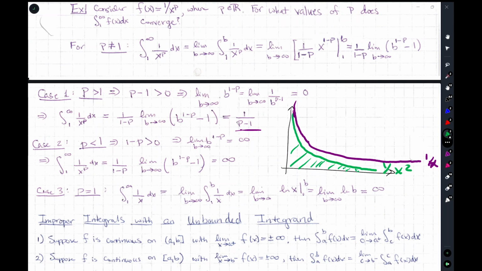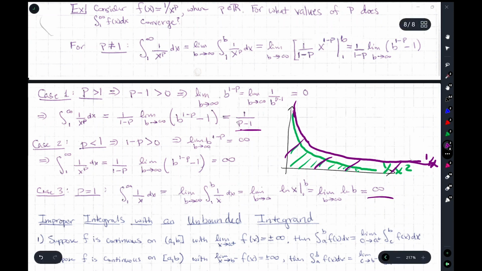No matter how far you go by adding more and more areas, you'll never quite get to 1. It's the limit. But 1 over x actually approaches the x-axis, right? The limit of 1 over x as x goes to infinity is 0, just like 1 over x squared.